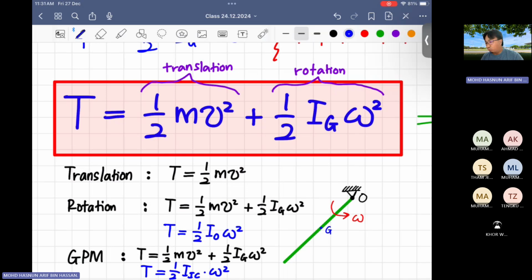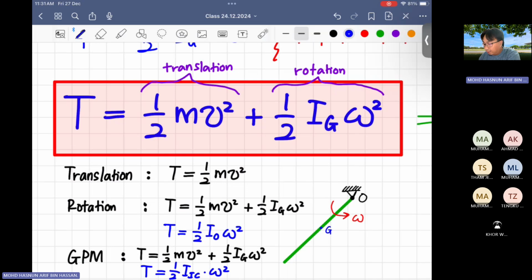Any question on the formula to calculate kinetic energy before we go into a few example calculations? Any question on kinetic energy? Okay.